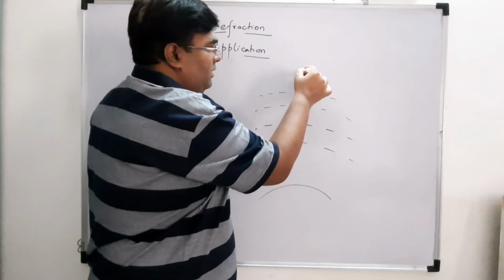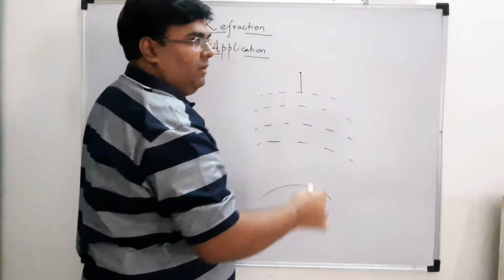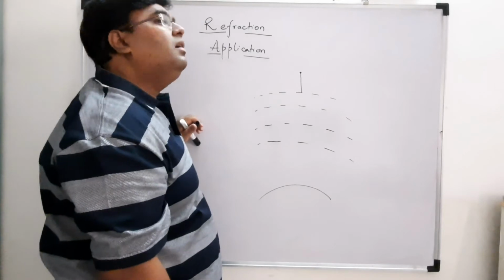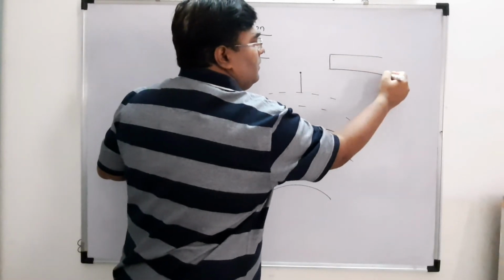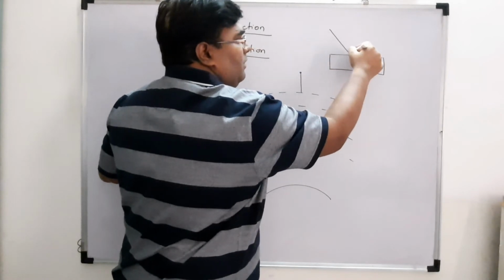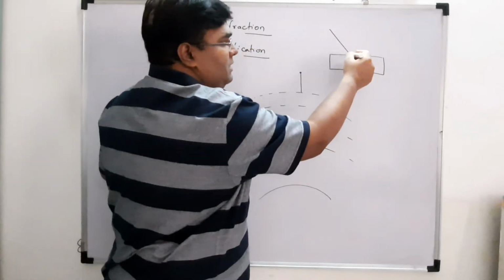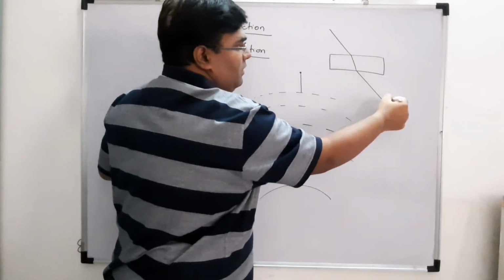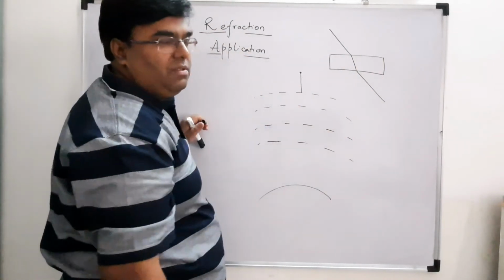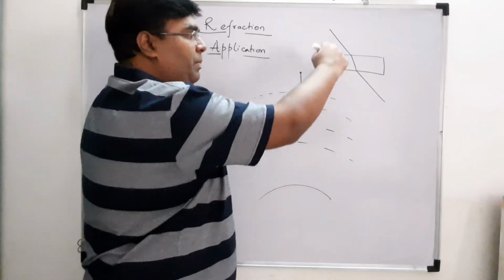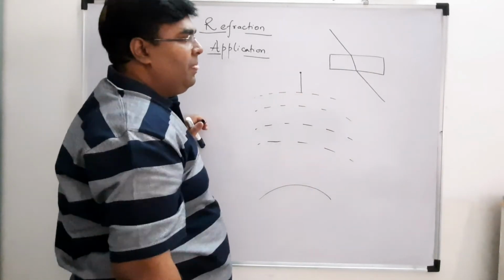Light is traveling like this, and we have just learned that if light passes through a glass slab, the lateral shifting happens, right? So it comes out parallel, but with a little shift in displacement.